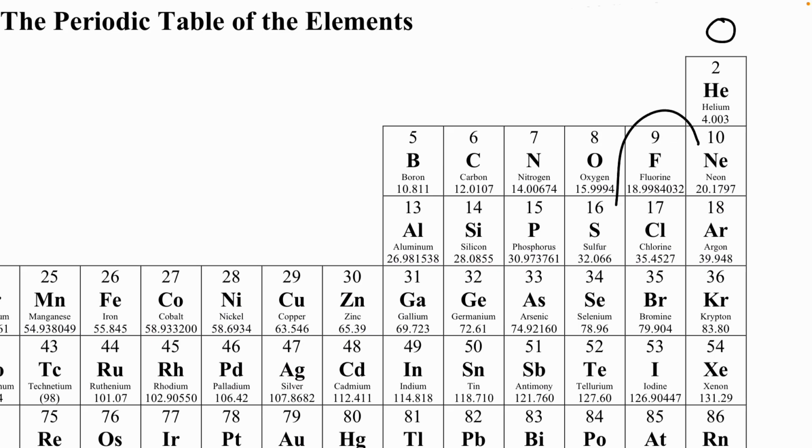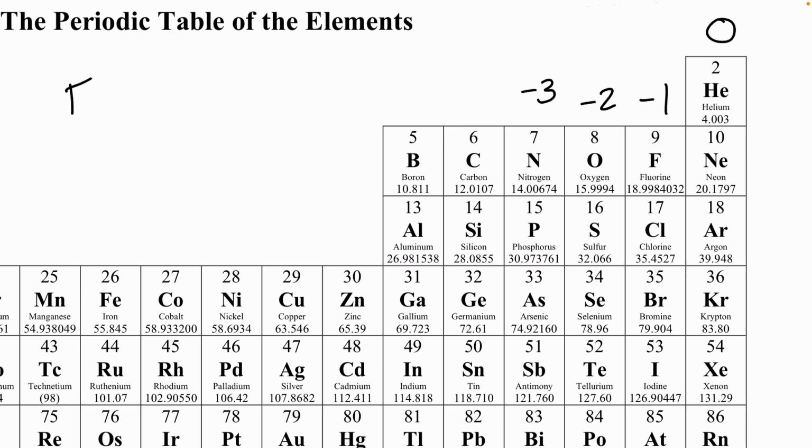But my halogens, the next column over, what are the charge on my halogen ions? -1. And then we just go from there. What about the next column over? -2. And the next column over? -3.